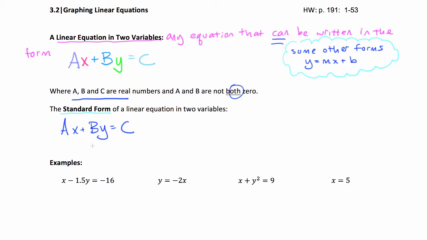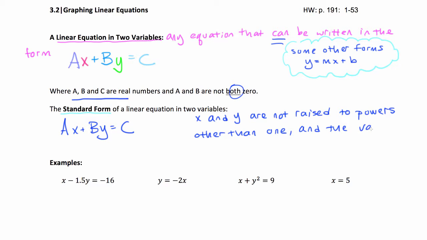One of the things that makes this a linear equation is this structure, but one thing you should be aware of is that x and y, these variables, are not raised to powers other than 1. And none of those variables are in radicals or in the bottoms of fractions.